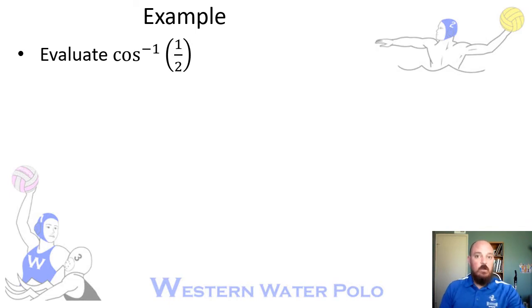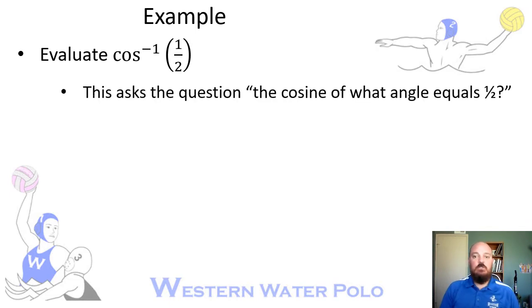And when you see that question, this is what I want you to think to yourself. When I ask you, what is the inverse cosine of 1/2? What I'm asking you is the cosine of what angle equals 1/2. So this is what I think to myself. I'm going to draw a little mini unit circle down here.